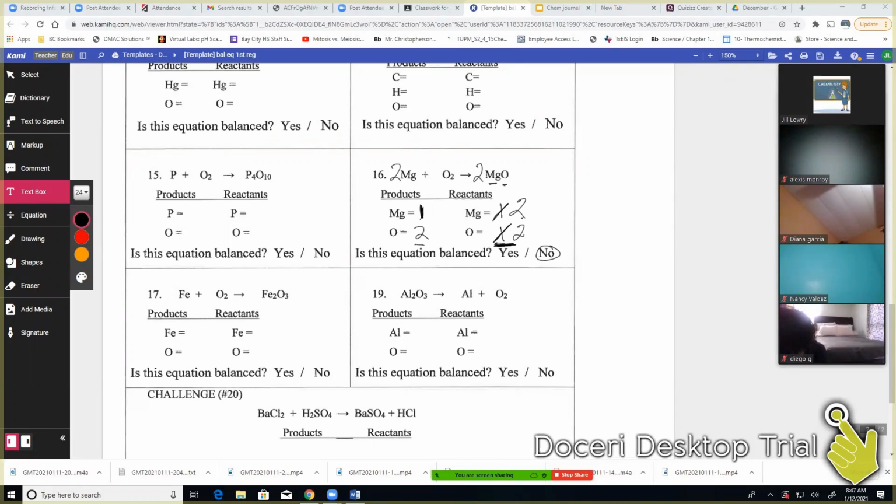So now instead of 1 magnesium, I have 2. So it's balanced. This 2 right here has to go in front of the compound. It would have been nice if I could have slid that 2 in between to only change the oxygen, but you can't do that. You got to put it in front of the whole compound.